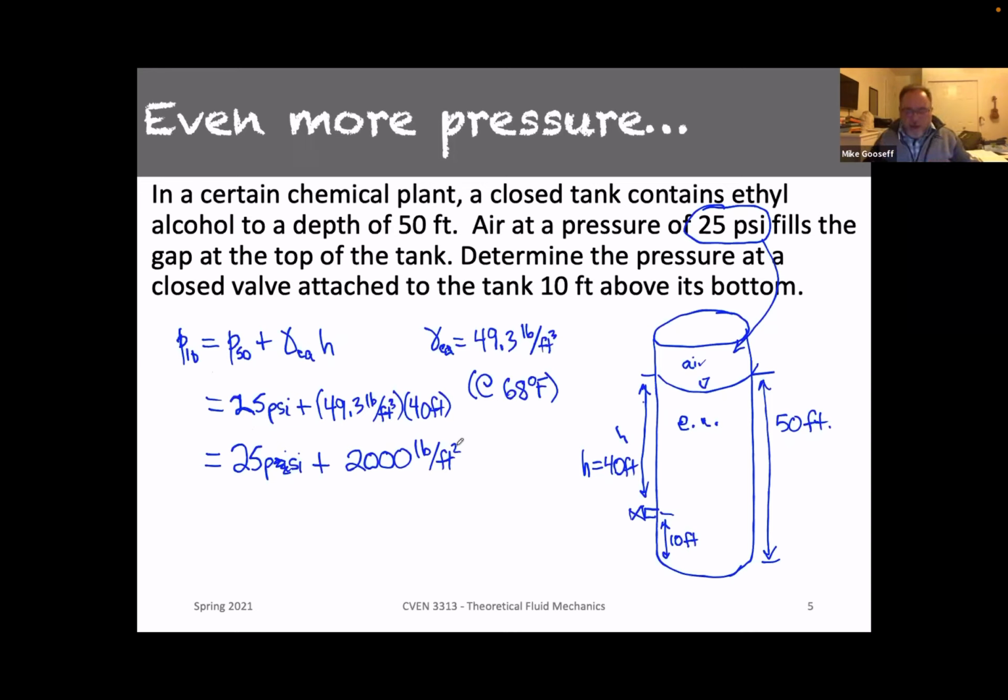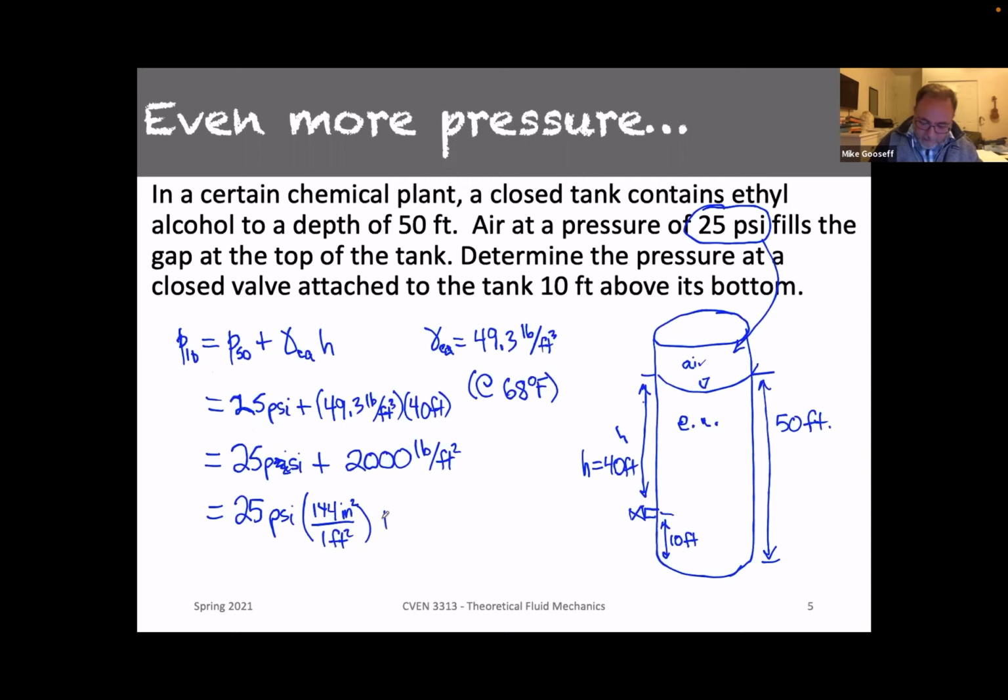Now, the reason that I did this is I just wanted to point out, you see that we have two different units, right? We have pounds per square foot and pounds per square inch. So what I need to do is convert that first one from 25 psi, we're going to multiply that by 144 inches squared per foot squared.